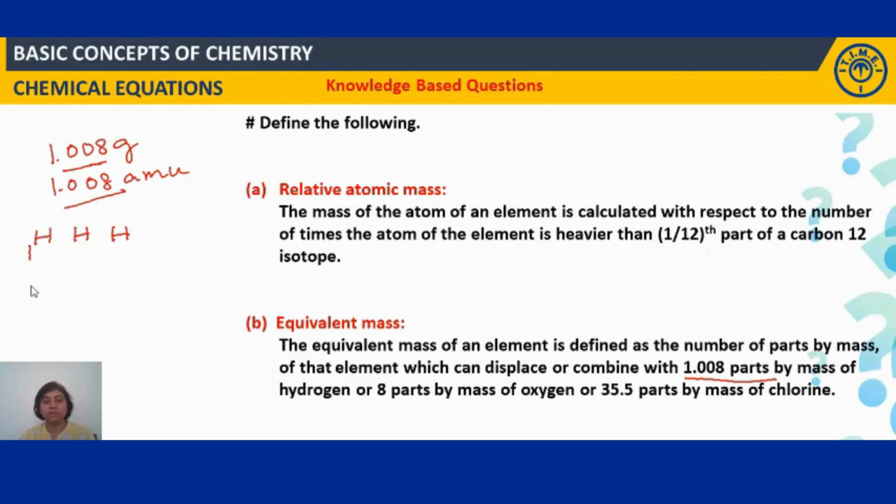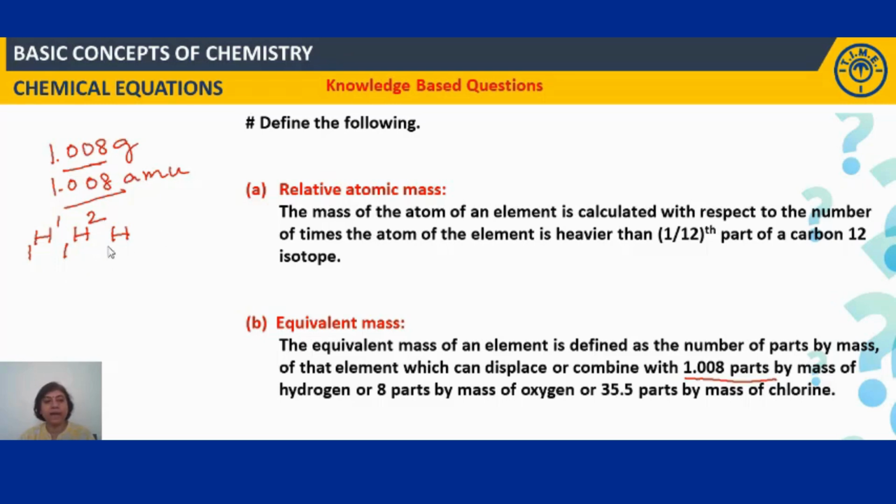Protium has one proton and no neutron, so its mass number and atomic number are both 1 and 1. For deuterium, the atomic number is 1 but the mass number is 2 because of one neutron and one proton.